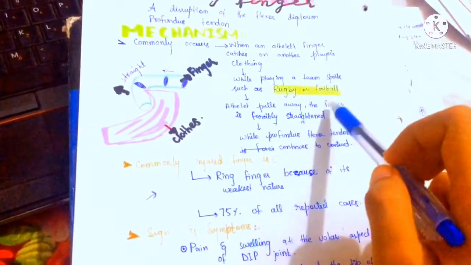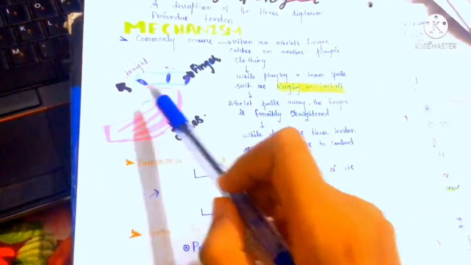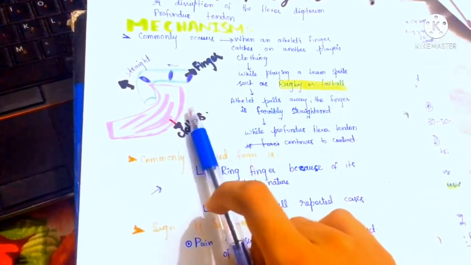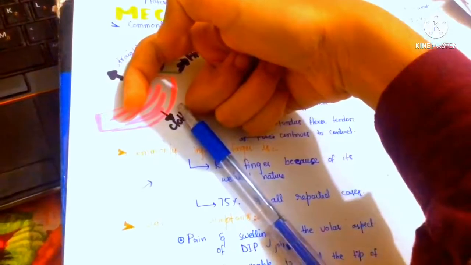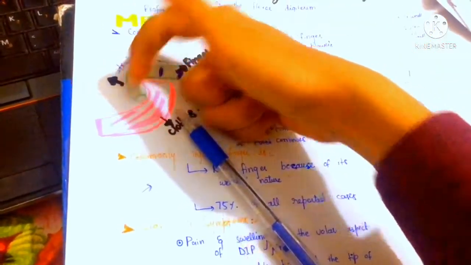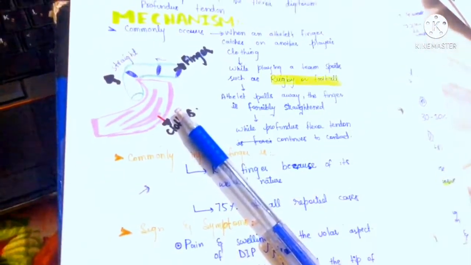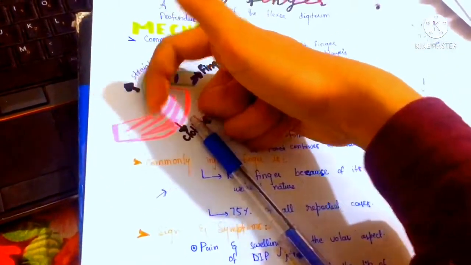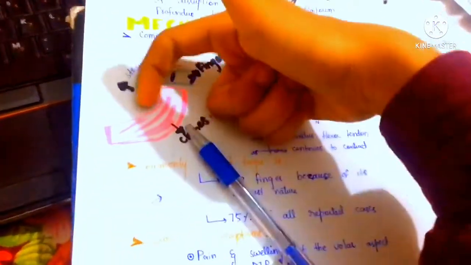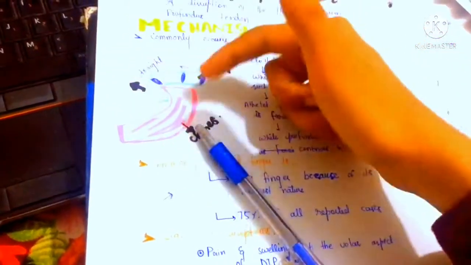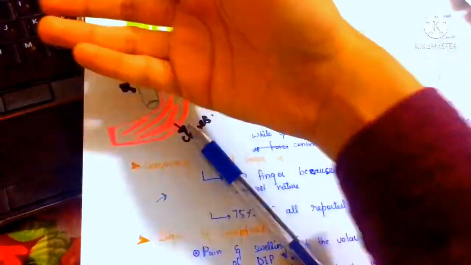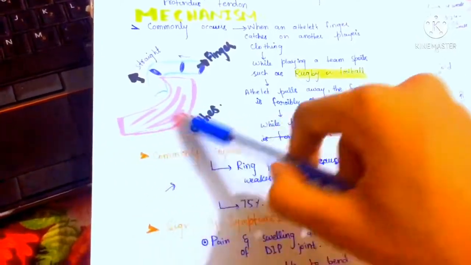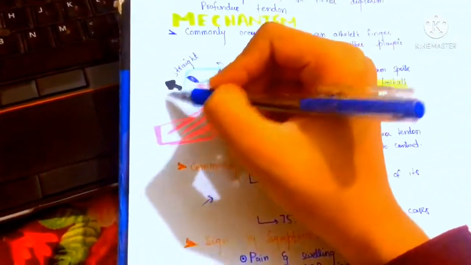If a person's finger catches, or comes in contact with another person's clothing, and we want to move away or release our finger from the clothing, the finger is forcefully straightened.